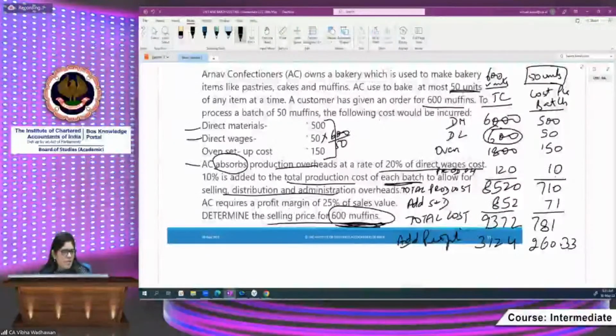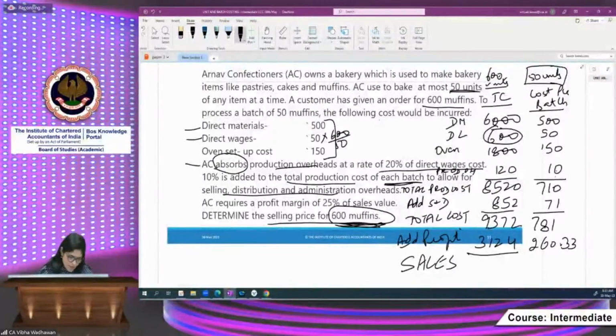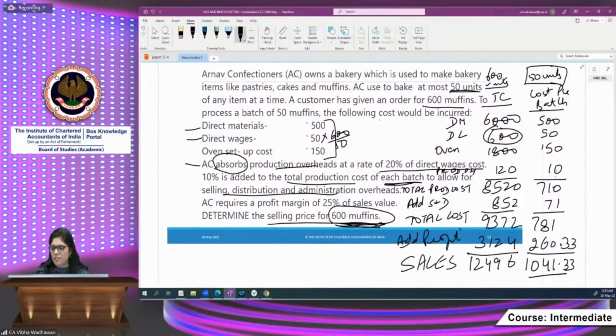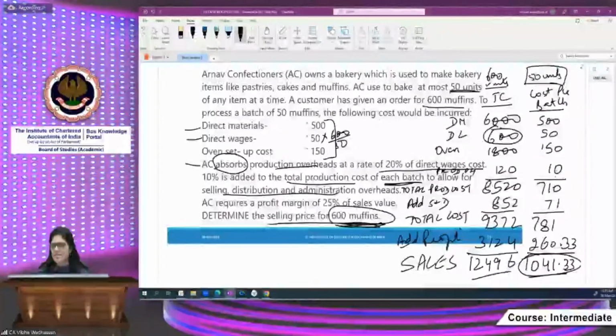Yes, profit is 3124. So now how much is the selling price? There's a time to calculate the sales now. 12496 has to be the sales, and 1041.33 should be the selling price. This is your final answer.